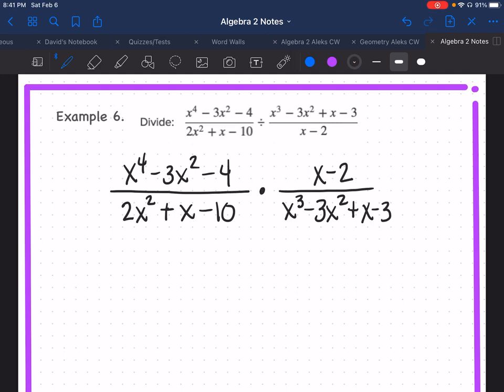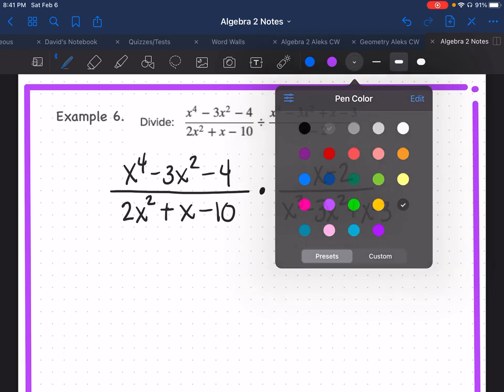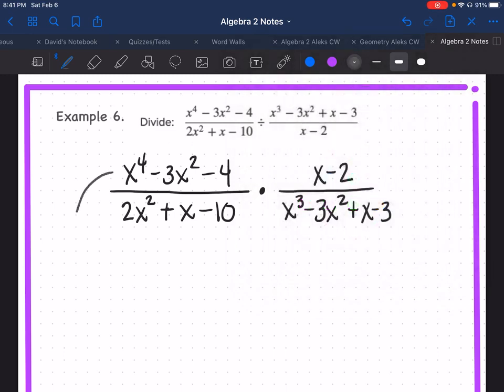I'm going to factor. So let's start with this guy right here. Let's factor this guy. So remember, we thought we could think of x to the 4th as x squared times x squared. And that's true, because you would add together those exponents, and 2 plus 2 is 4.